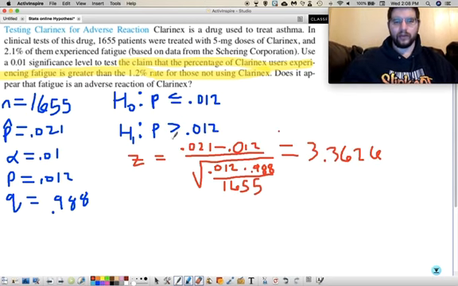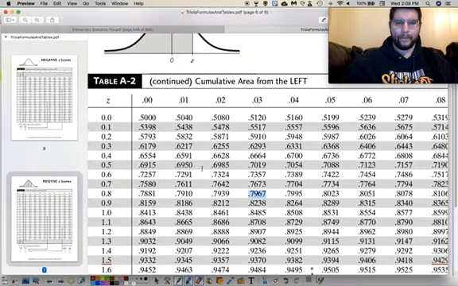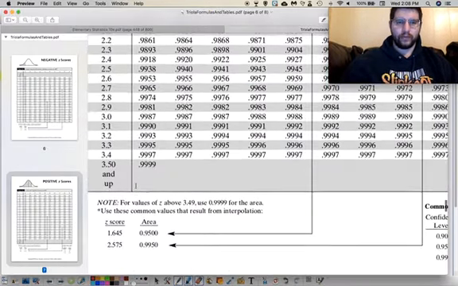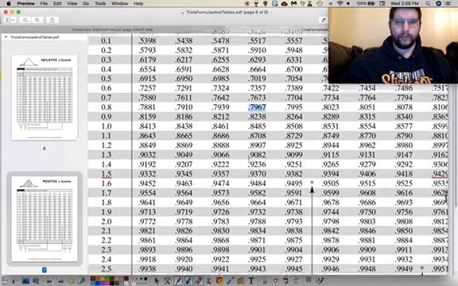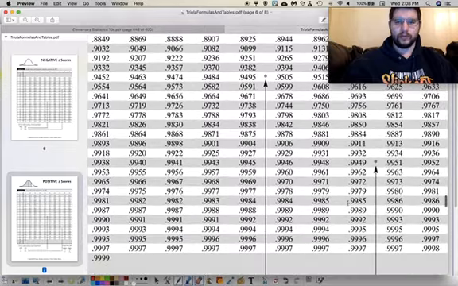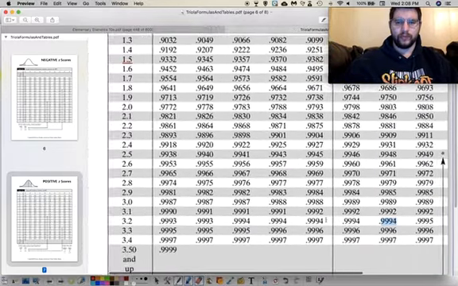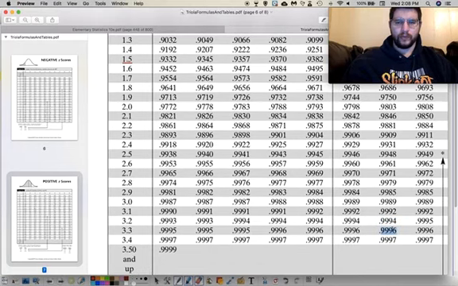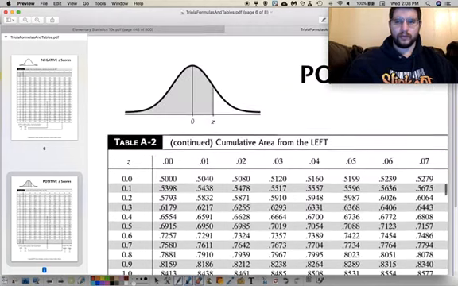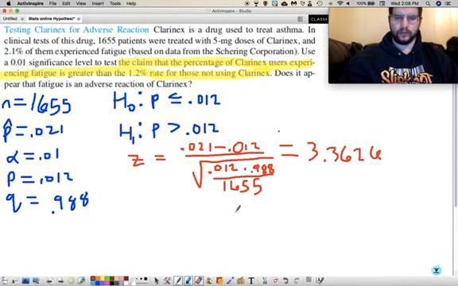So now, based on this test statistic, I'll look up the p-value, 3.36. Okay, what tail do we have? The right tail. 3.36 is right here. 3.36, yeah. So 0.9996.